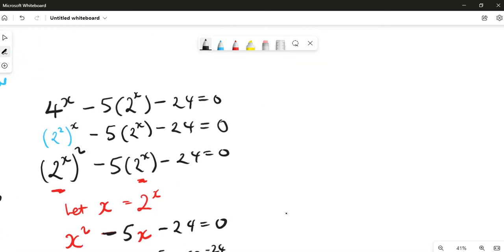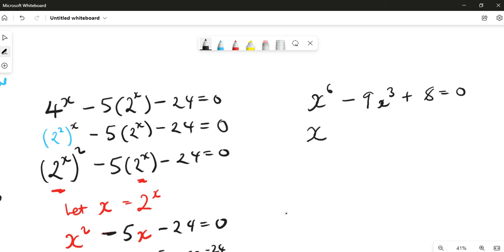We have x to the power 6 minus 9x cubed plus 8 equals 0. So we can see x to the power 6 is twice as x to the power 3. So let's make the x to the power 6 in the form of x to the power 3. Remember, it can be simplified.